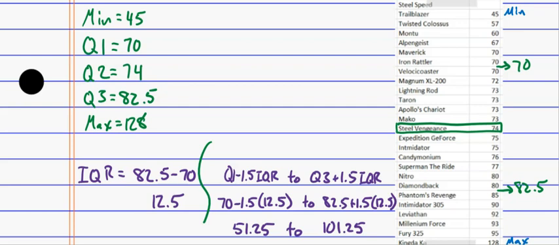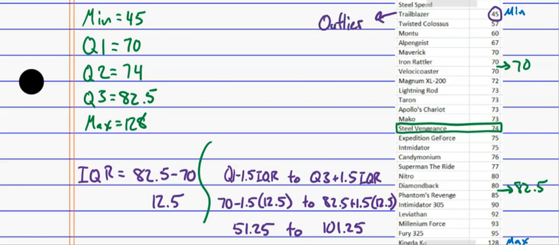As I look at my data, I'm looking to see if there are any values that don't fit within the range of 51.25 to 101.25. There are actually two of them. This very first value, the 45, does not fall between 51.25 and 101.25, so that one has to be an outlier.